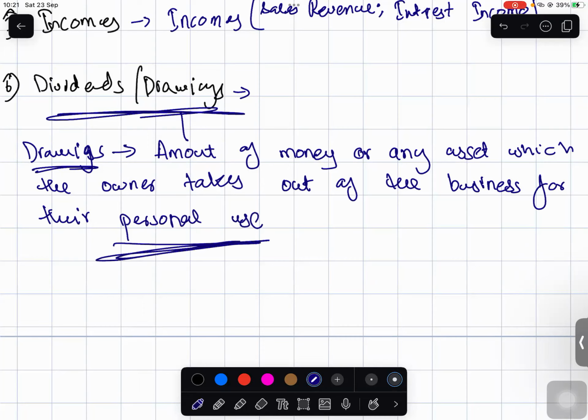This personal use phrase is very important. They take out money for their personal or their family's use. Those are drawings. For example, if they run, let's say, a basic journal store, maybe even, and they have got breads and eggs and stuff like that, and they take some of them home for their own personal use, in that case, those will be recorded as drawings.